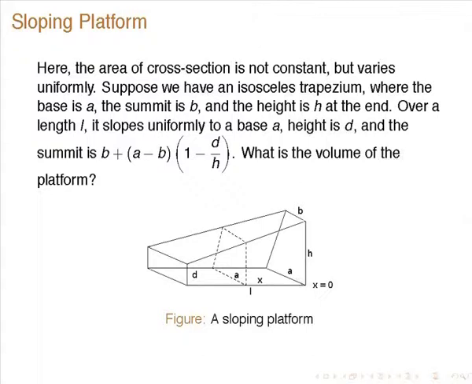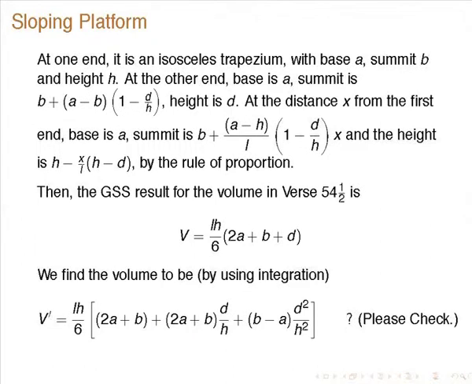The height will be again by rule of proportion. Here the height is D and here it is H, and proportionately one could calculate the height in between. The Ganitasara Sangraha result for this volume is LH by 6 into (2A plus B plus D).